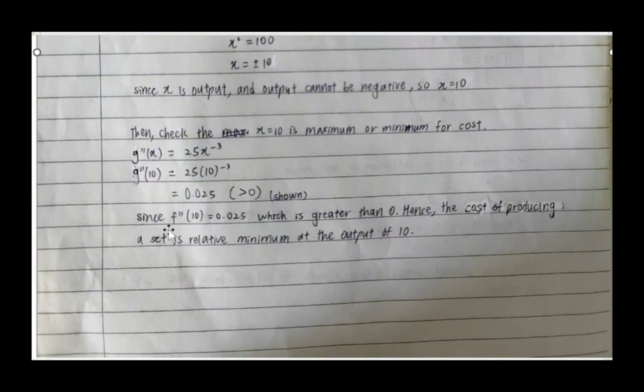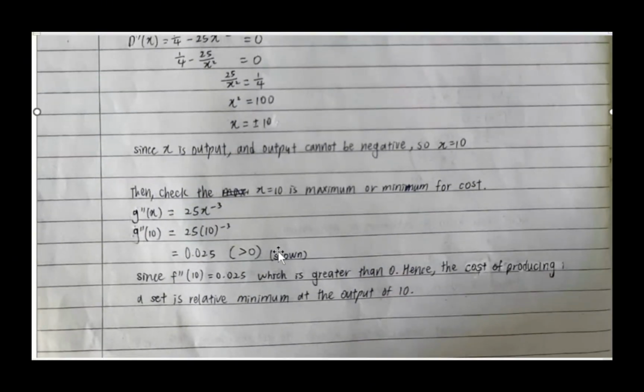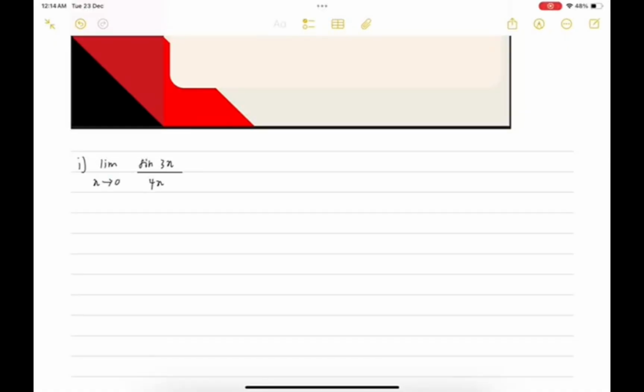So we can conclude that g double prime equals 0.025 is greater than 0, so the cost of producing a set is a relative minimum at the output of 10. So we have shown that x equals 10 is the minimum for the cost of producing.